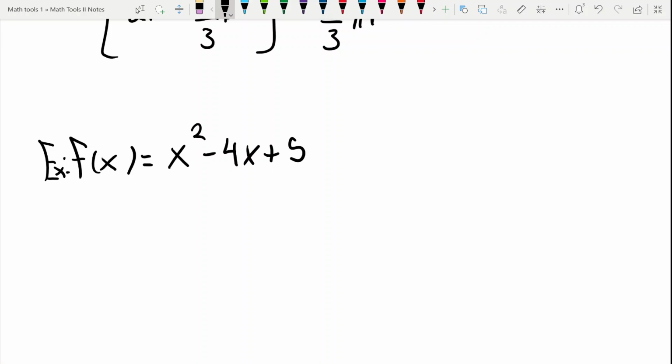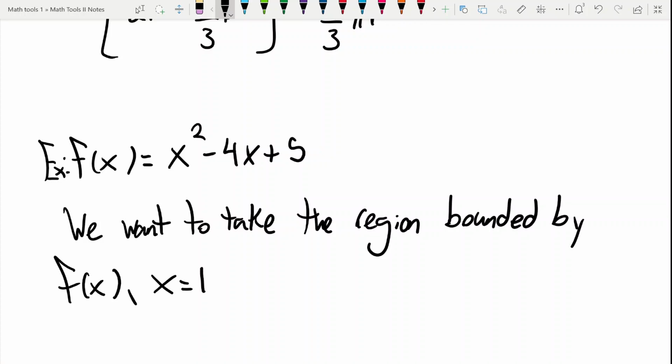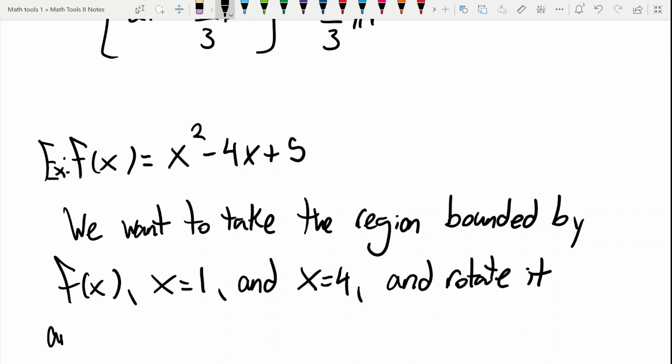And we want to take the region bounded by f of x, y equals 1 and x equals 4, and rotate it around the x-axis. Or I guess you usually say about the x-axis.